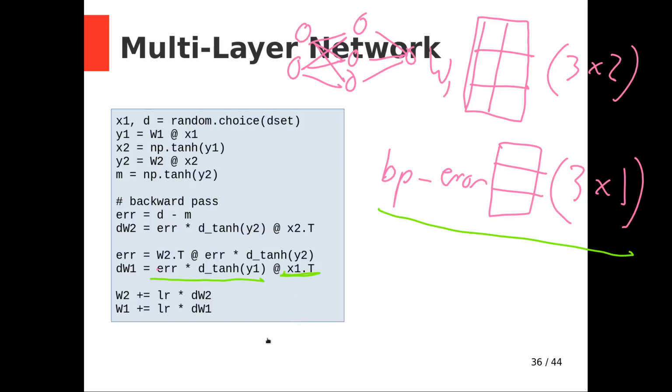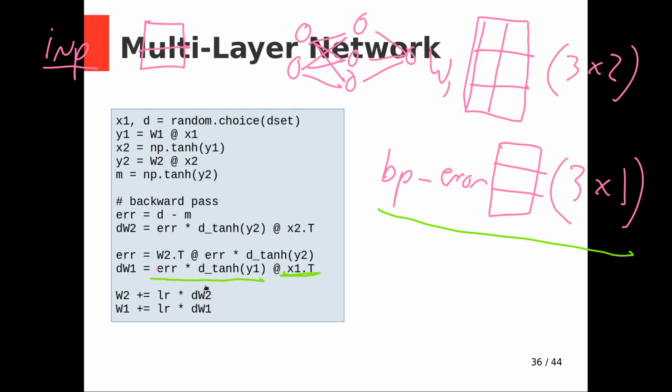So what is the dimension of that? Well, the input is a 2 by 1, right? The original input to the bottom layer, to layer 1, was a 2 by 1 matrix, right?